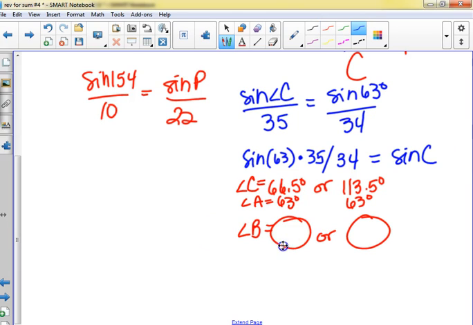Angle B could be 50.5. Did someone get that? Or a little 3.5, which is possible. Everybody okay? What else do you need to see?